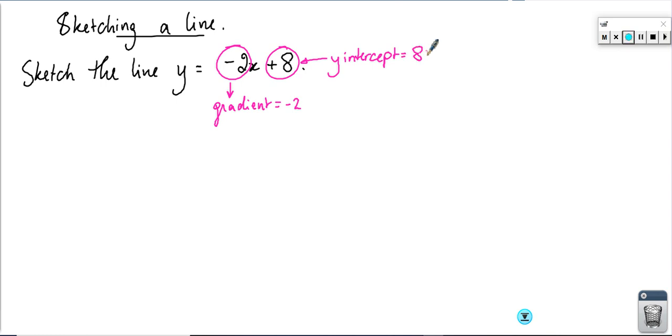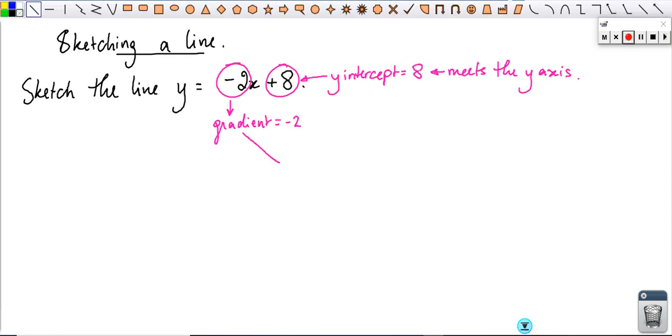It means that the gradient is a negative gradient. Negative meaning the line will be something similar to that. And we know that the y-intercept is 8. So 8 is the place where the line meets the y-axis. So if I need to sketch this line, it will look something similar to this.